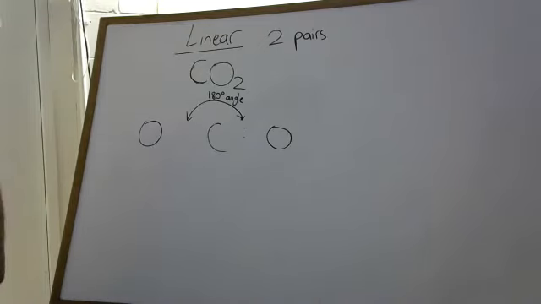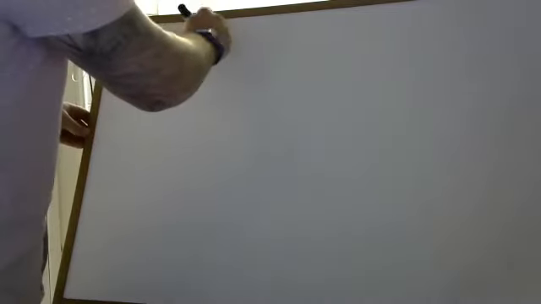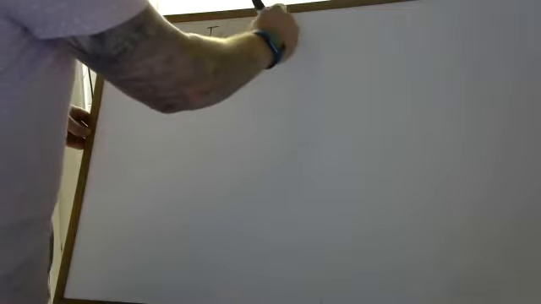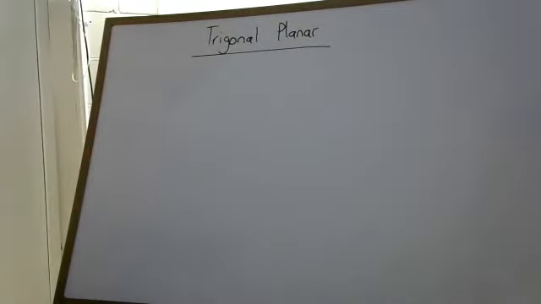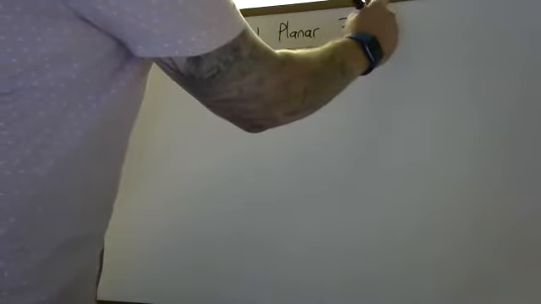We then have a shape called trigonal planar. Shocker, this is 3 bonding pairs.